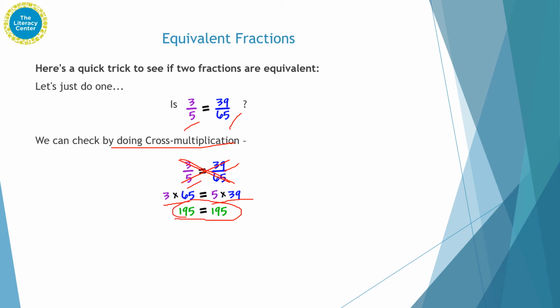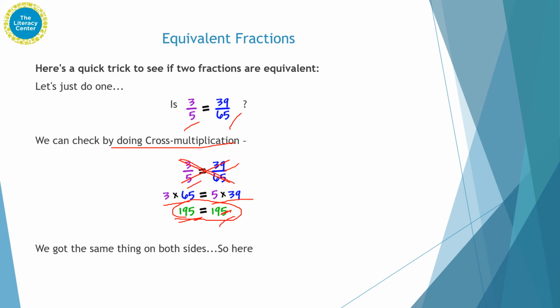So when we do the cross multiplication for 3 by 5 and 39 by 65, we get the number 195 on both sides. So this shows us that these fractions are equivalent fractions. But what if you don't get the same number on both sides?